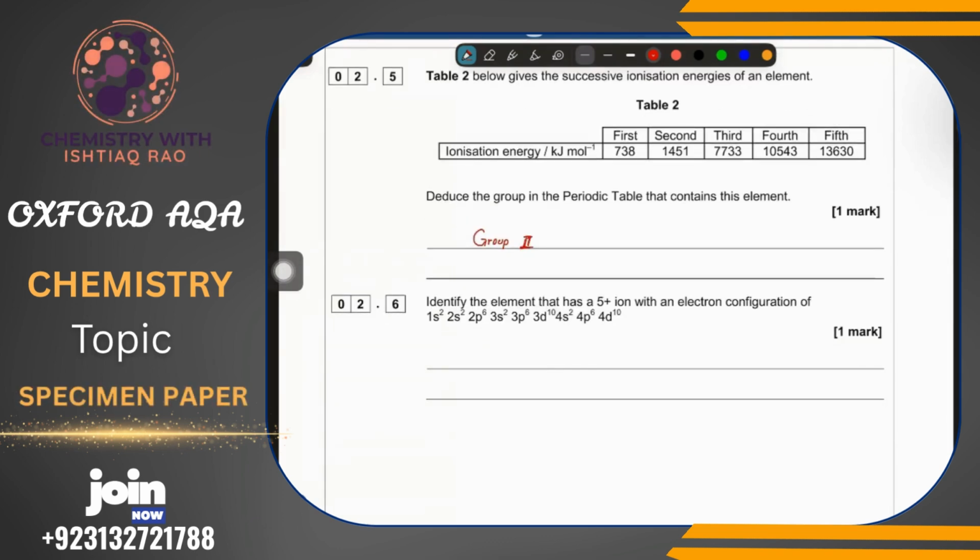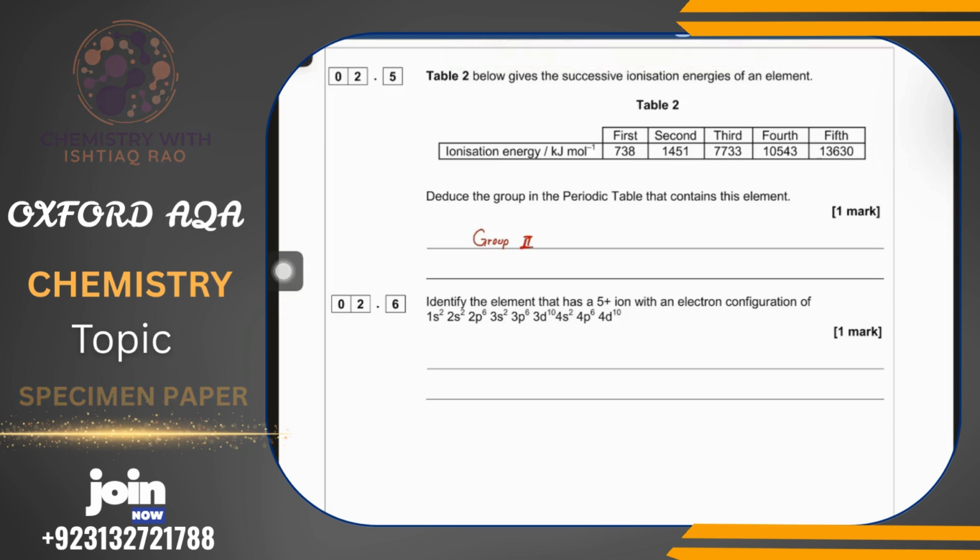A 5 plus ion with an electron configuration of this one. A 5 plus ion means that it has lost 5 electrons, basically. And after losing 5, the configuration is this one.